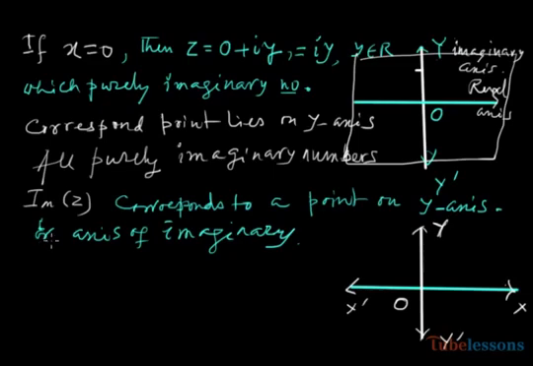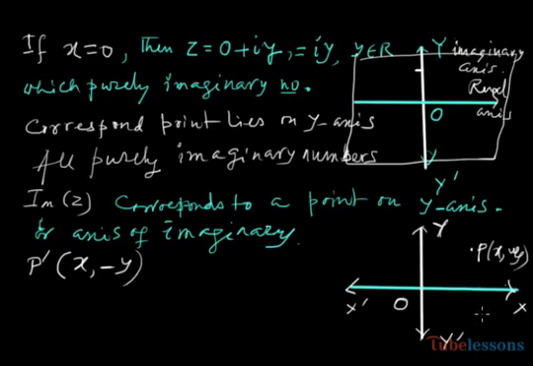Now, let us consider a point P dash. This is our P, X comma Y, and we consider the point P dash as X comma minus Y. So it will be here.